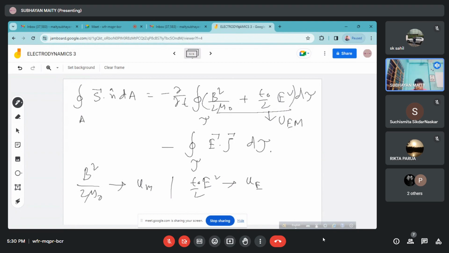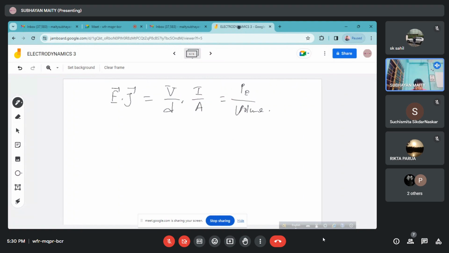So to realize that you have to consider an LCR circuit. Suppose we have an LCR circuit now. This is an inductor L, C, and resistance R circuit, and this is the source.